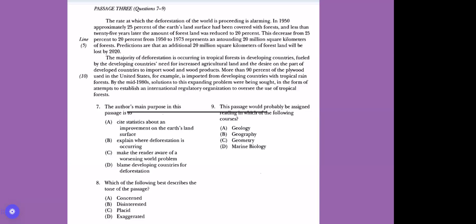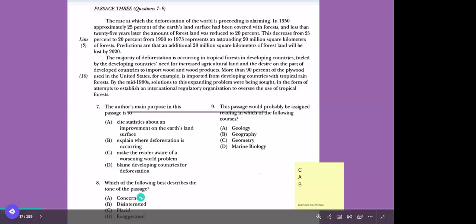Well, I see you're finishing up, so let's check the answers. Here. The main purpose is to make the reader aware of a worsening world problem. Number 8, what is the tone? Concerned. He's worried.